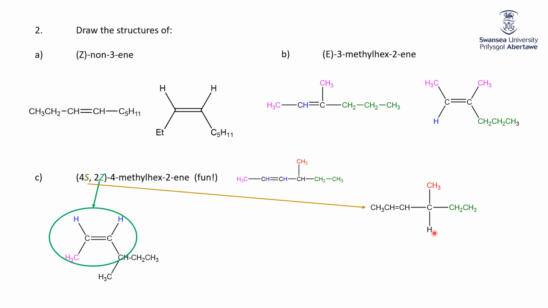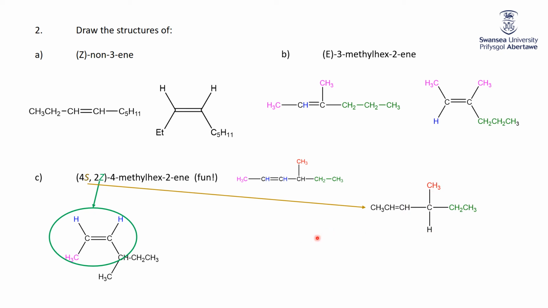Hydrogen obviously 4th priority. Then methyl group is the next priority because it's a carbon bonded to 3 hydrogens. The ethyl group is the 2nd priority because it's a carbon bonded to 2 hydrogens, and then this is the 1st priority because it's a carbon that's bonded to 1 hydrogen and via the double bond 2 carbons. So priority 1, 2, 3, 4.